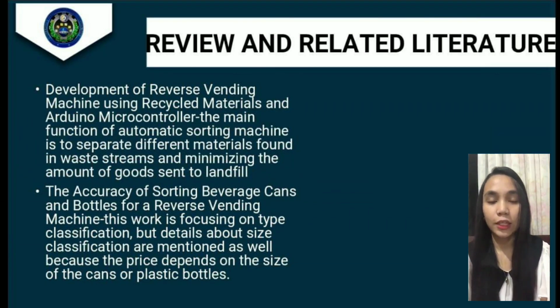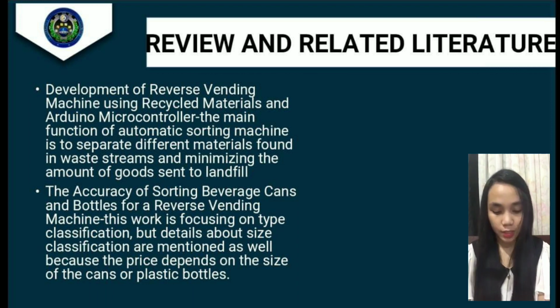Review of related literature. First, we have the development of a reverse vending machine using recycled materials and Arduino microcontroller. The main function of the automatic sorting machine is to separate different materials found in waste streams and minimize the amount of goods sent to landfills.